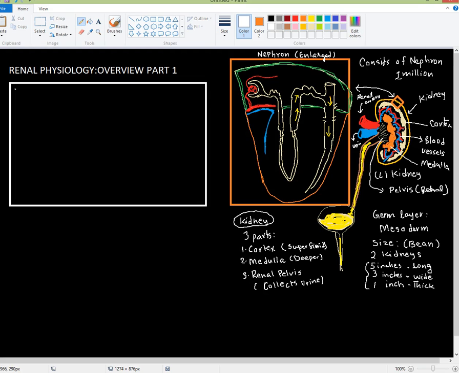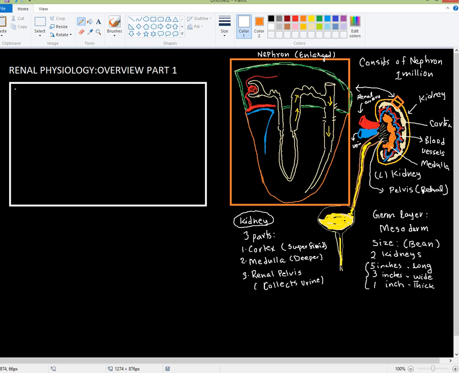Okay, so that's just a general overview of the passage of the blood, how it's filtered and exits the kidney and goes back to the circulation. Now let's talk about the nephron a little bit.